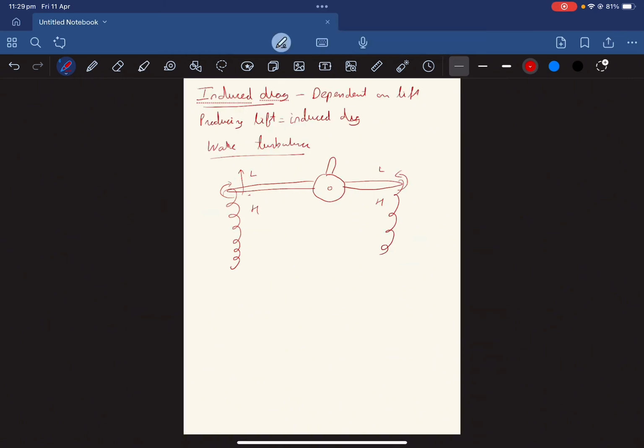Alright, so let's discuss what happens when you're actually reducing wingtip vortices. Let me draw an aerofoil over here.